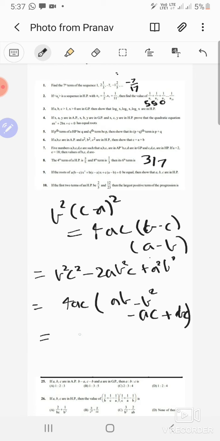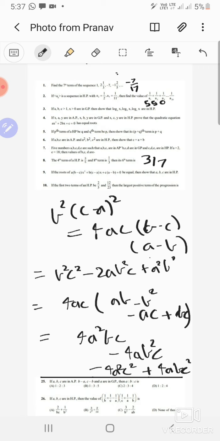So this is going to be equal to 4a squared b c minus 4ab squared c, minus 4a squared c squared, and then plus 4ab c squared. I think this is correct. Yes, this is correct. Let's just erase this.